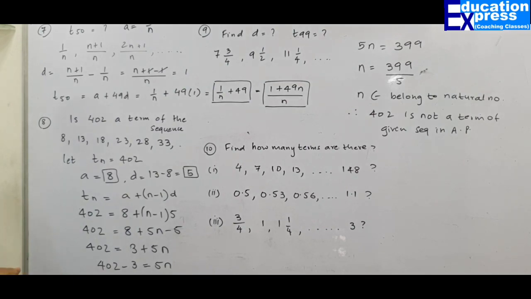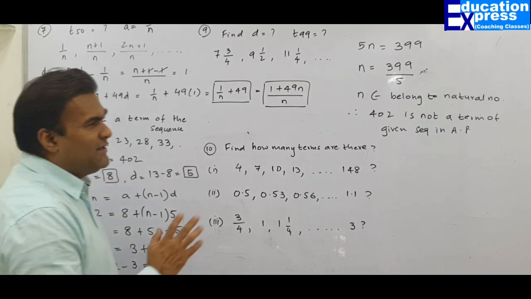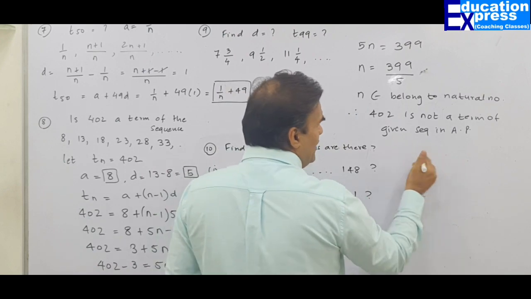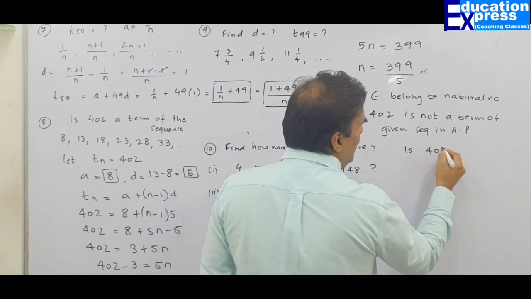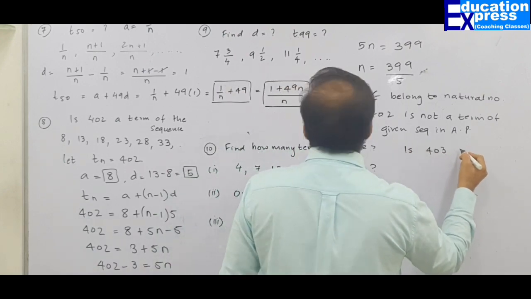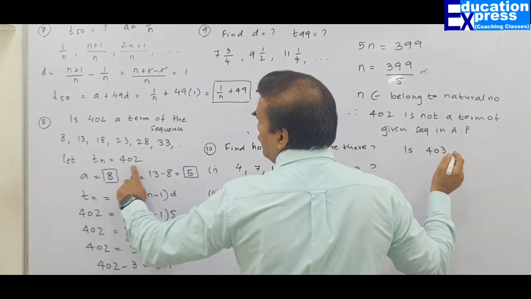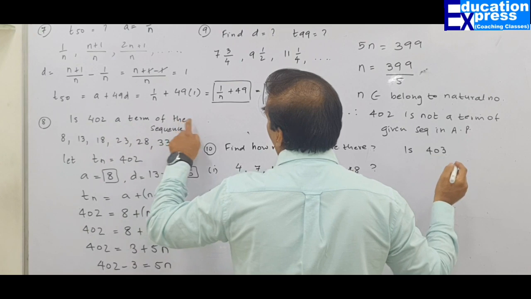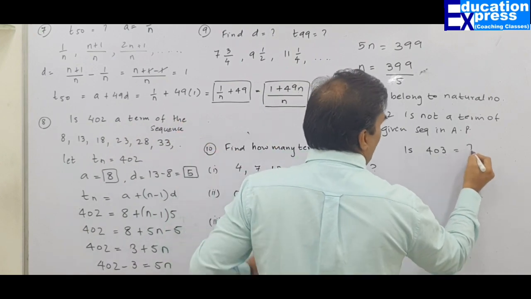Had this number been, let us say, not 402 but 403. Suppose, though it is not asked in the question, instead of 402, my question is: is 403 a term of the given sequence? That is my question.